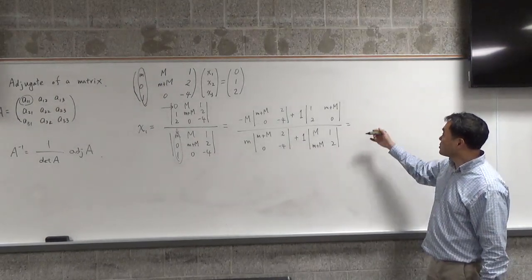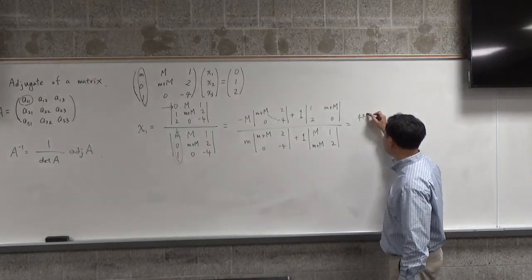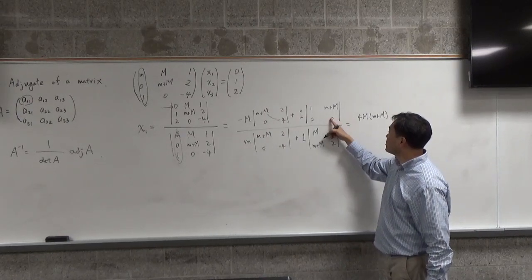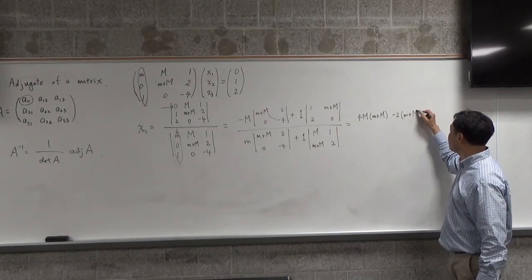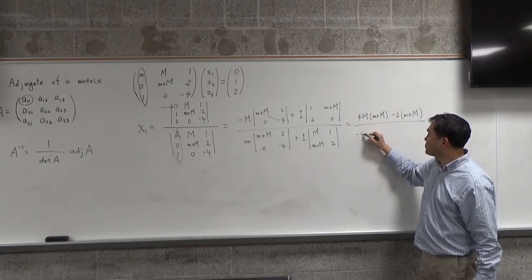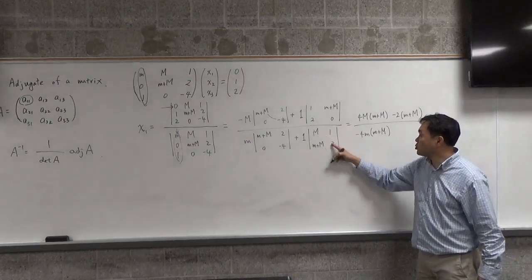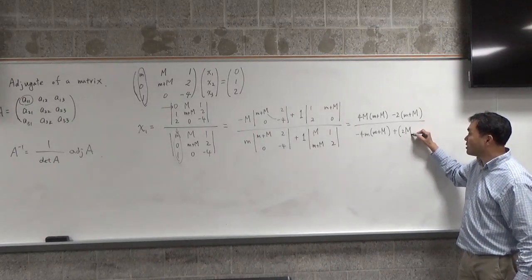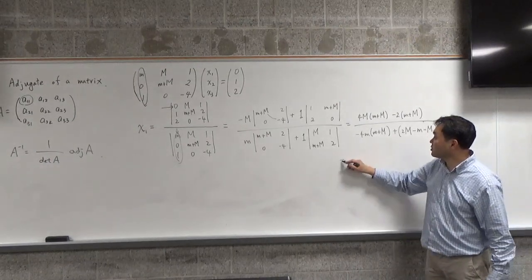All right, so let's continue on. What is this? This is just negative 4 times negative m, so it's 4 capital M, m plus M. And it's 0 minus 2, so it's minus 2 times m plus M. And then down here, this is negative 4m, m plus M. And then 2m minus, this will be plus 2 capital M minus m minus M. So let's simplify.